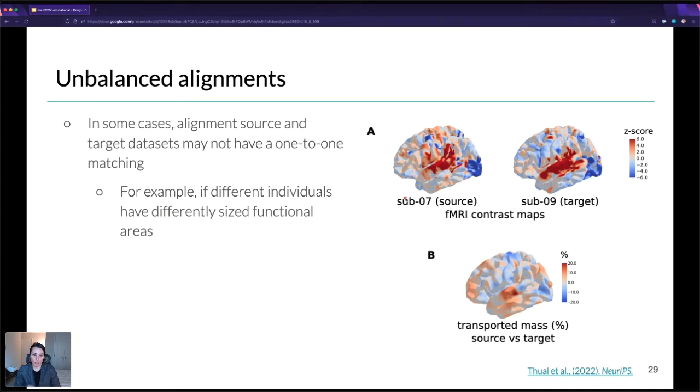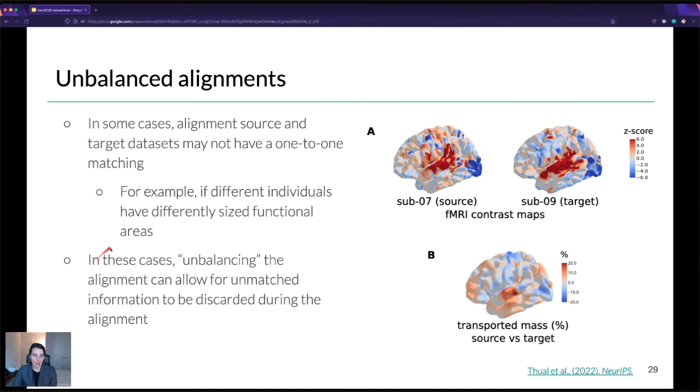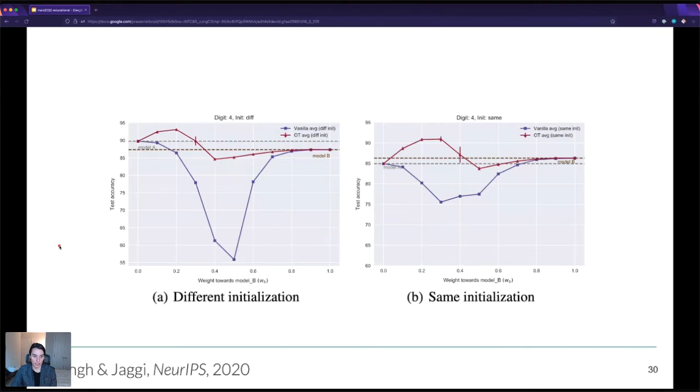In artificial neural networks, you may have the same number of layers, but within a layer, two architectures have very different numbers of hidden units. Allowing things to decay when you move them during the alignment can really help make sure that information is actually preserved. And this means that unmatched information is going to be discarded rather than complicating your alignment and making it harder to understand what's happened after the fact.